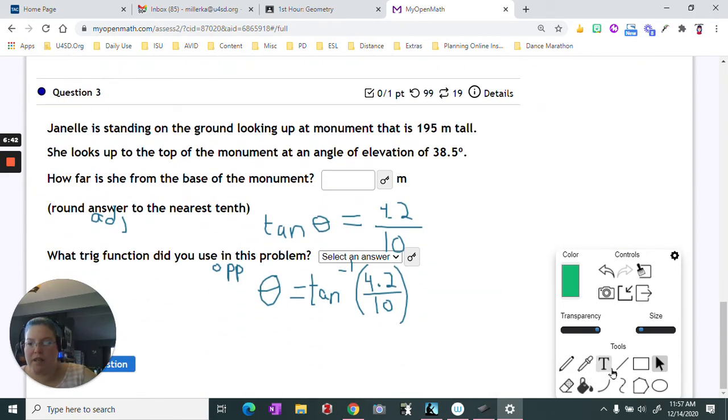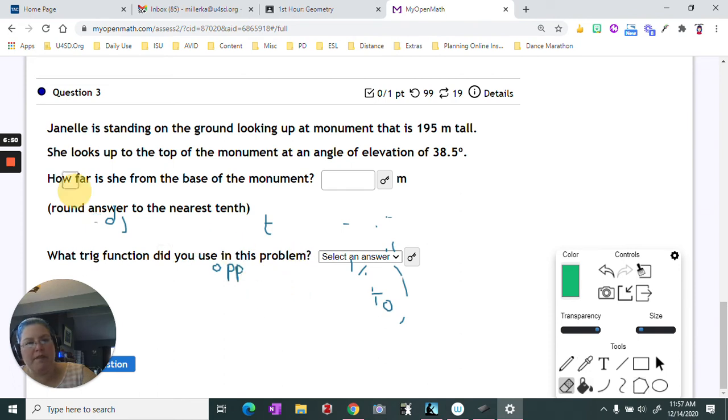Well, first let me erase this. So this says Janelle is standing on the ground looking up at a mountain that is 195 meters tall. She looks up to the top of the, oh, not mountain, monument. Sorry, I can read, really. So Janelle is standing on the ground looking up at a monument. So we don't know what the monument is, but we're going to do like this.